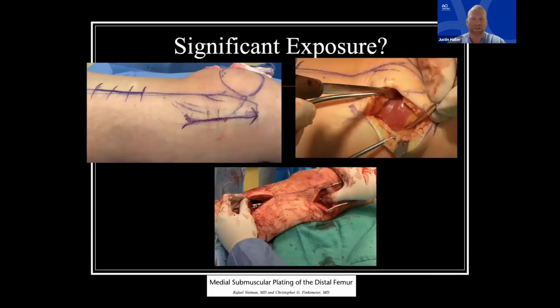The next is, is it a significant exposure? And I'd say in general, nowadays, I think there are plenty of technique articles out there that describe this as being pretty minimally invasive. So here's a recent JOT article where they demonstrate a medial based incision. You can then see in the slide to the right that you can incise the fascia of the VMO, and then you can elevate the VMO anteriorly and slide your plate, which is the last photo on the bottom.